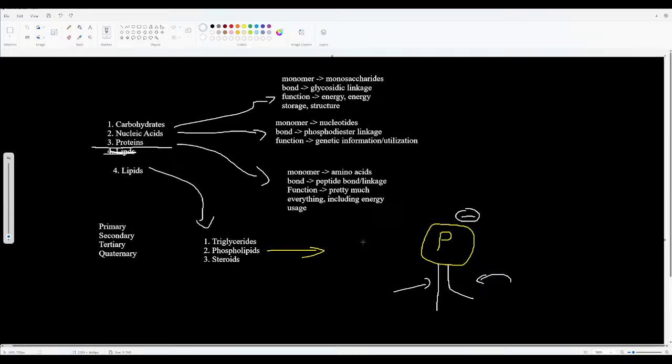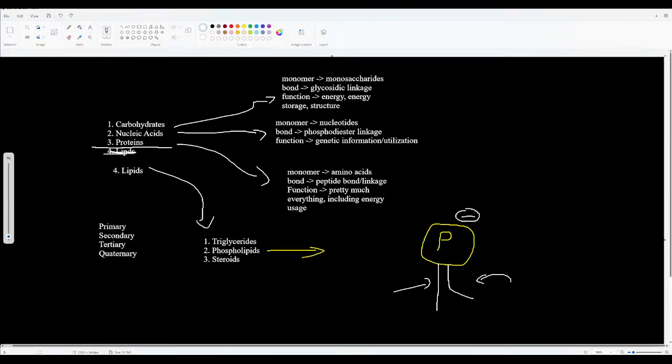That's a phospholipid, and we'll get into how important phospholipids are in the next exam review when we talk about membranes, right? Just know that phospholipids are amphipathic, have two tails, and a head that's hydrophilic, and the tails are hydrophobic, right?